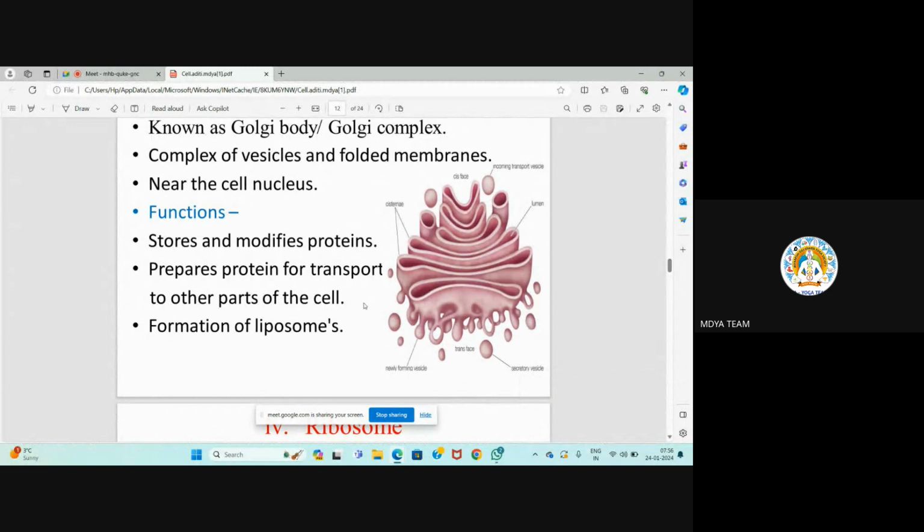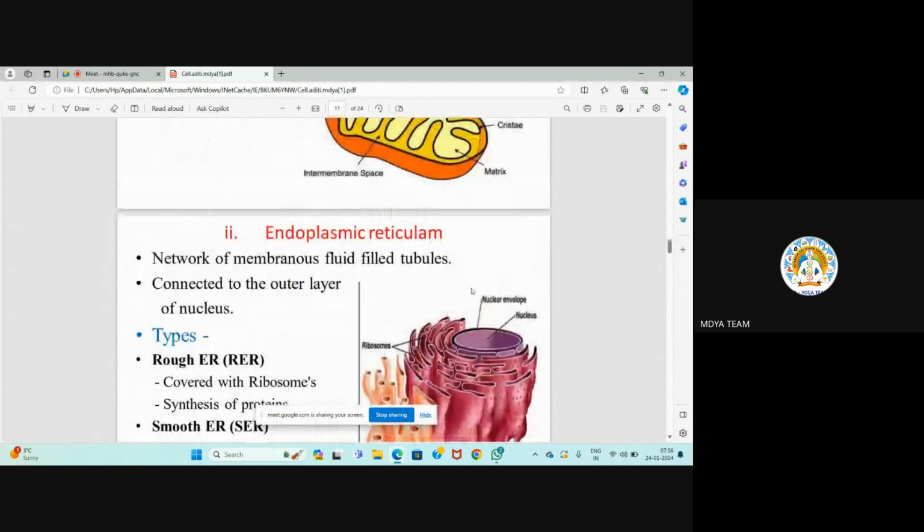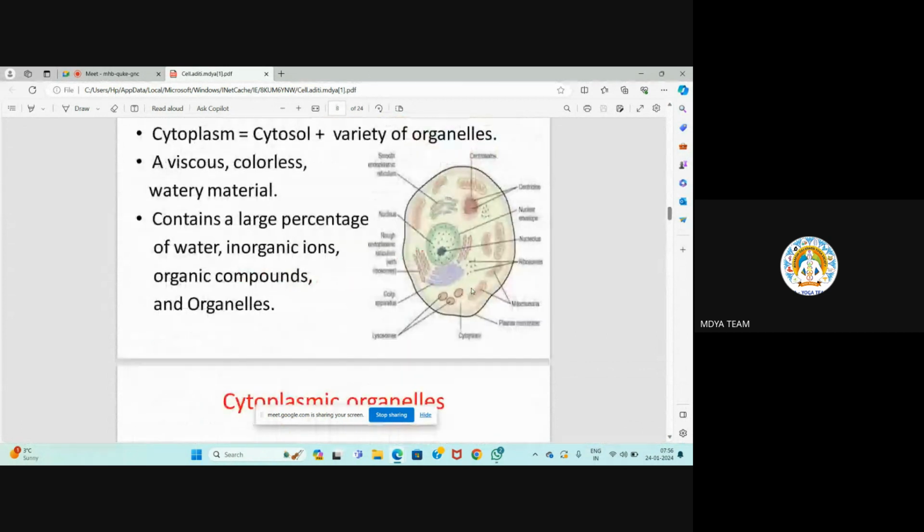It is Golgi apparatus, and in the cell structure, you can see it is present here, just beside nucleus. So when it synthesizes protein, small spherical sac-like structures are formed, and these structures are formed for carrying protein.